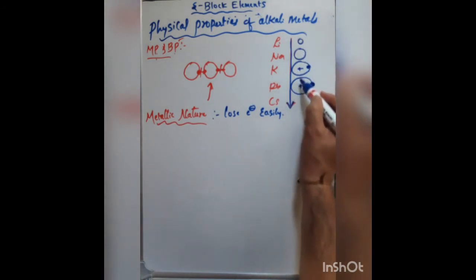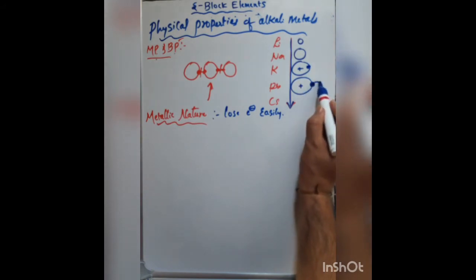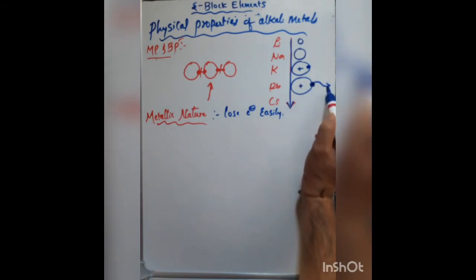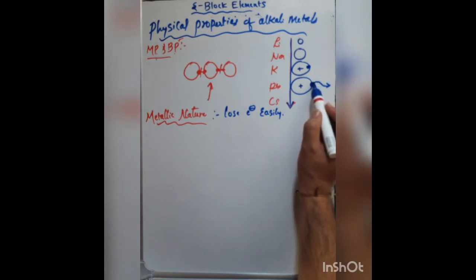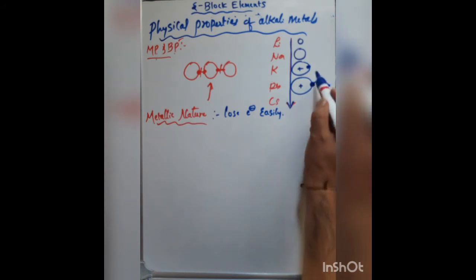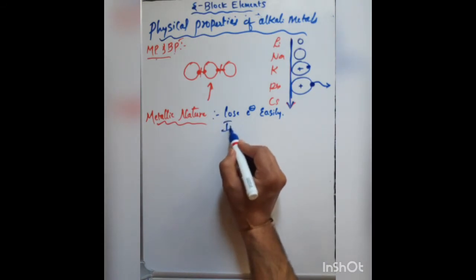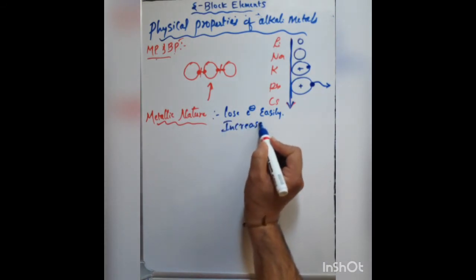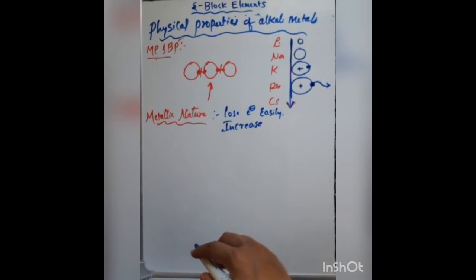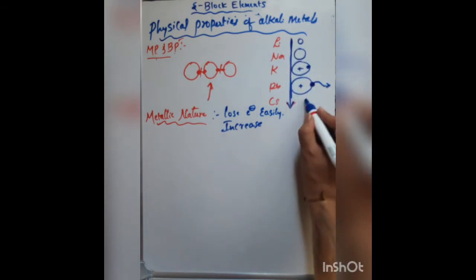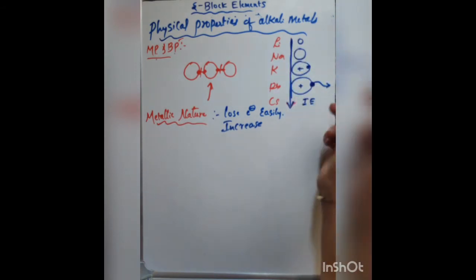Therefore, as we go down the group, the electron will be lost more easily because of less attraction between the nucleus and the electron. That means as we go down the group, metallic nature will increase. And one more very important point is that as we go down the group, ionization energy also will decrease.